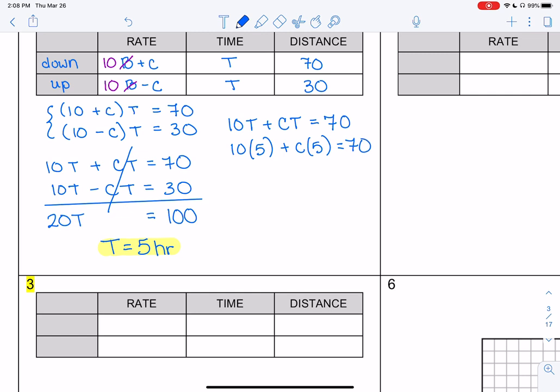So now I have 10 times 5, that's 50, plus 5C equals 70. Subtract the 50 over. I get 5C equals 20. Divide by 5, and I get C equals 4. That's going to be in miles per hour for the rate. Okay, there's my two solutions for question 1.